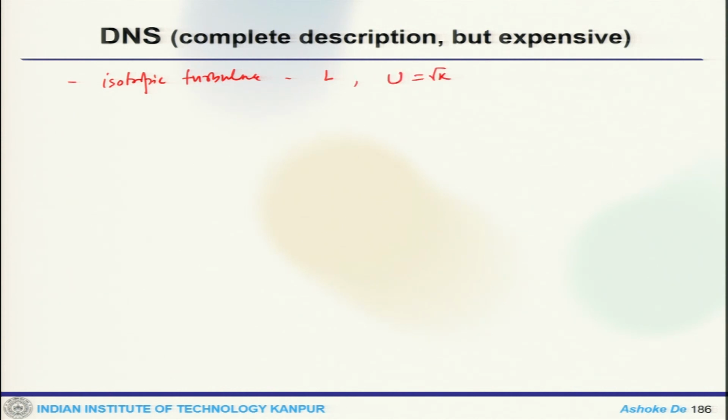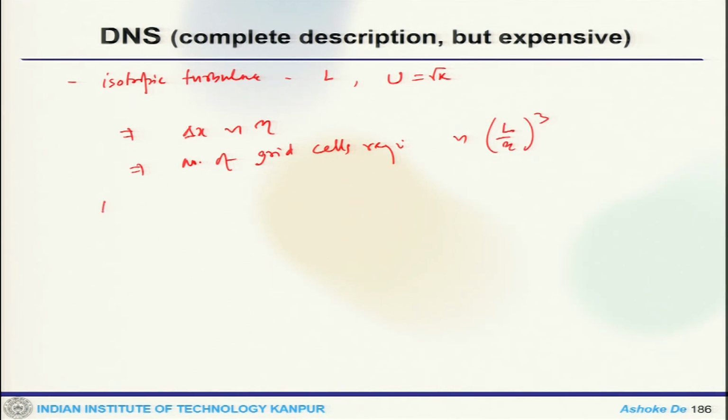Then all length scales of turbulence are to be solved, from the energy containing large scales to the dissipation range, which gives delta x of the order of eta, and the number of grid cells required would be (L by eta) to the power 3.